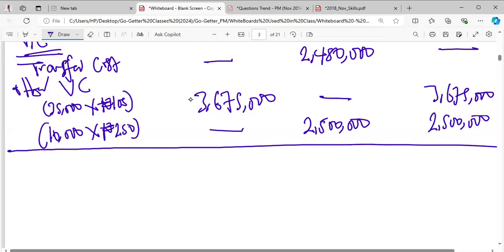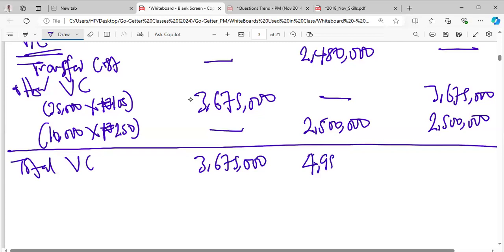Total variable cost here should be 3,675,000. This should be 4,980,000.